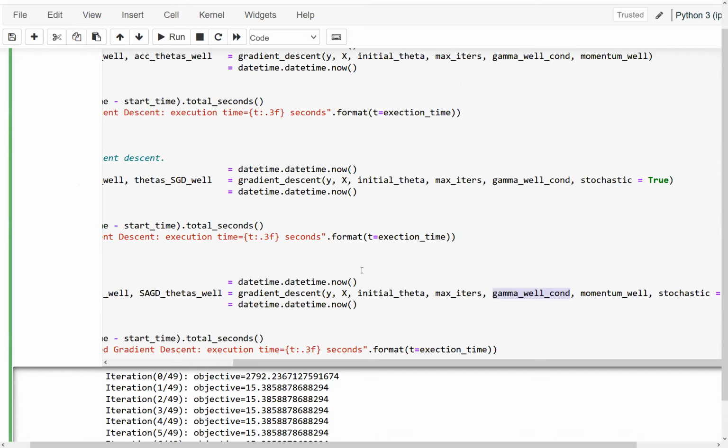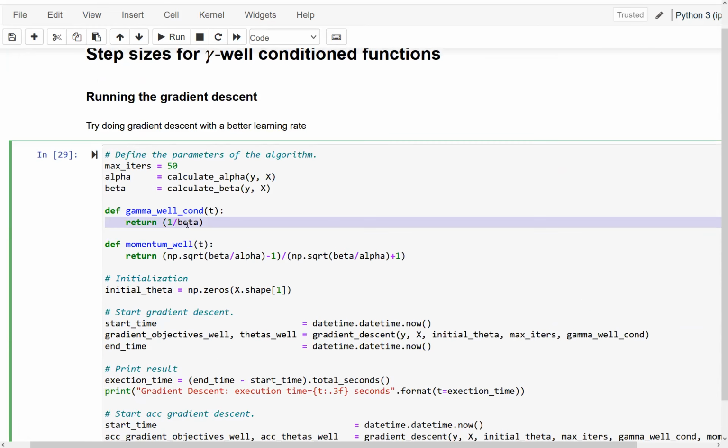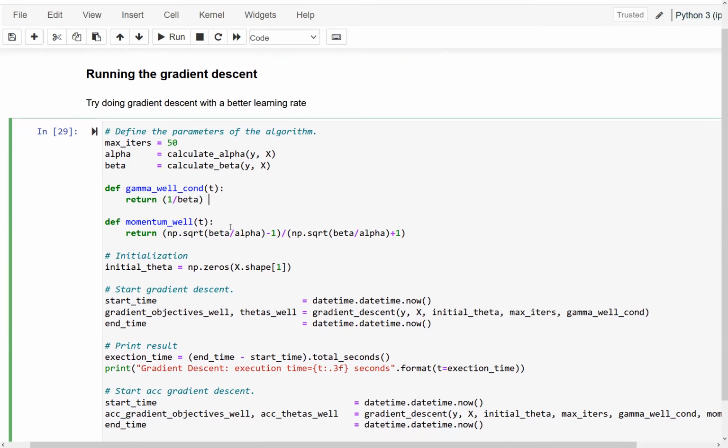So here we have gamma well conditioned. Gamma well conditioned is the best choice if we would use the full gradient, but this is perhaps not the best idea when we use stochastic gradients. So there it should rather be that we make the step size a bit smaller.